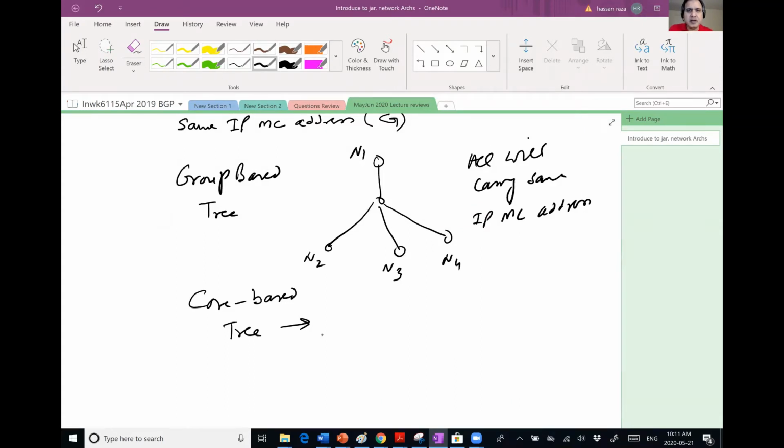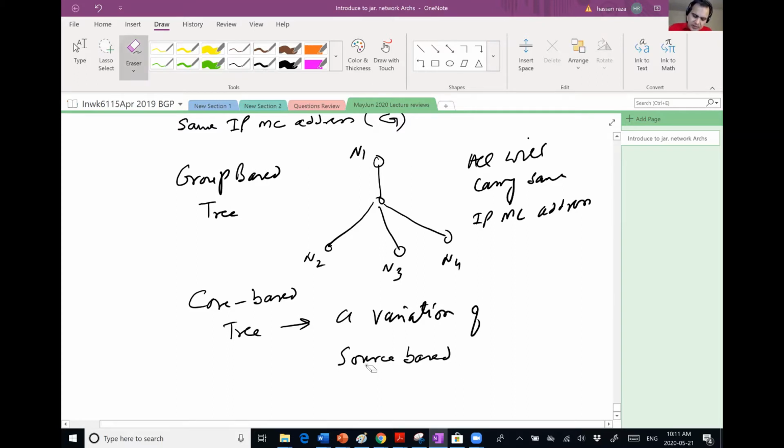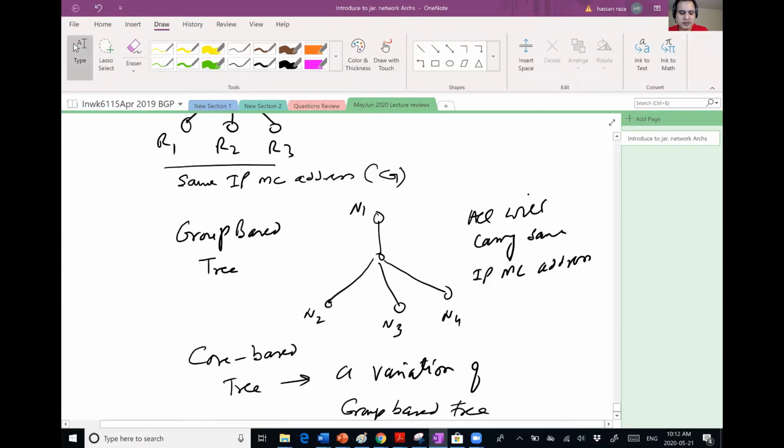It is a variation of, I would say, the group-based tree. It's debatable. It's a variation of the group-based tree or whatever. So we will talk about that.